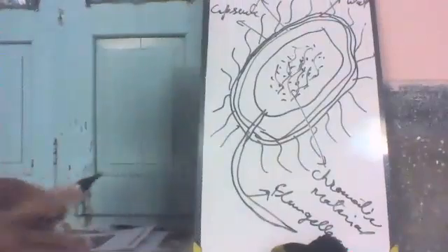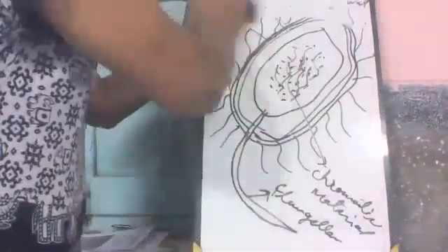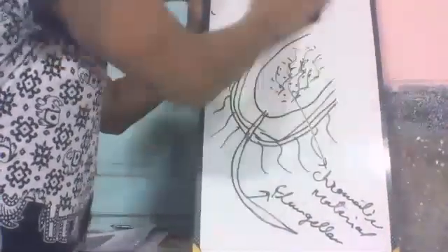Respiration. In bacteria, there are two types of respiration: aerobic and anaerobic. In the presence of oxygen is known as aerobic respiration, and in the absence of oxygen there is anaerobic respiration.